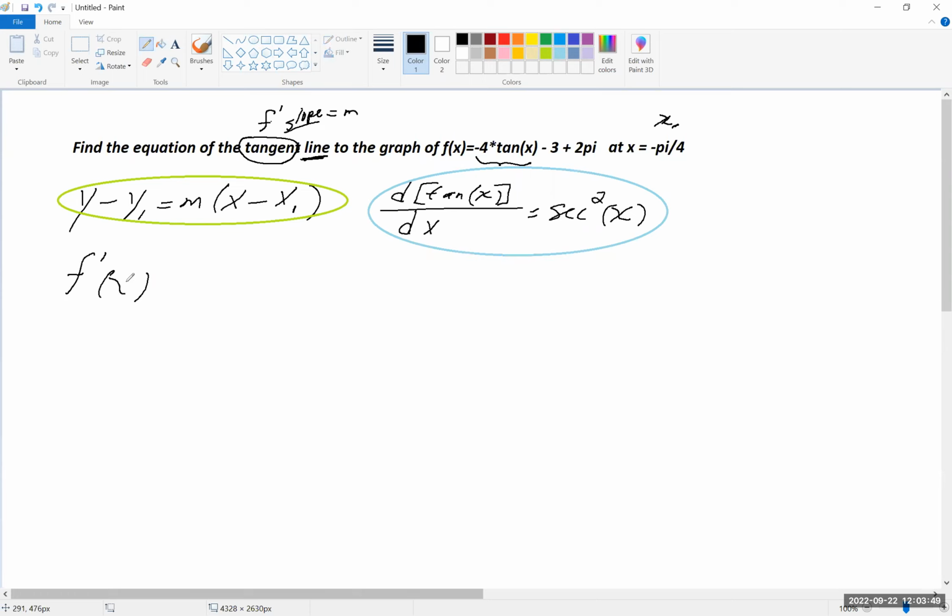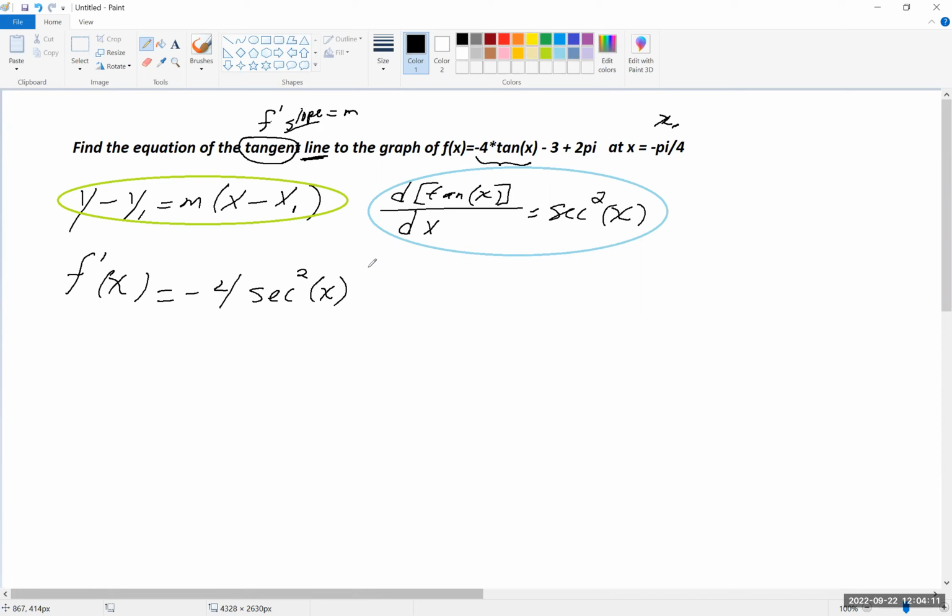that we need. So the derivative of f is minus 4, because that's a constant, and I need the derivative of tangent x, which I already wrote down, is secant squared x.